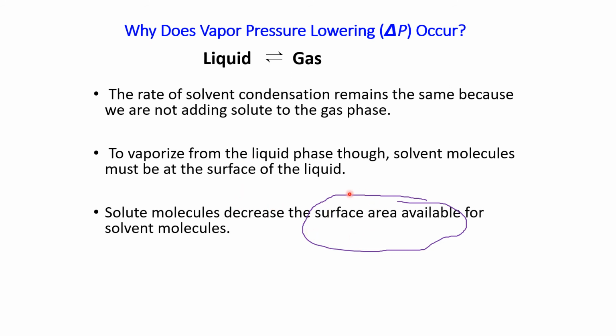So the surface area available for the liquid to gas is being impacted, where the surface area available for the gas to liquid is not being impacted. And so the rate of liquid to gas goes down while the rate of gas to liquid does not go down. And so you get this vapor pressure lowering out of that.